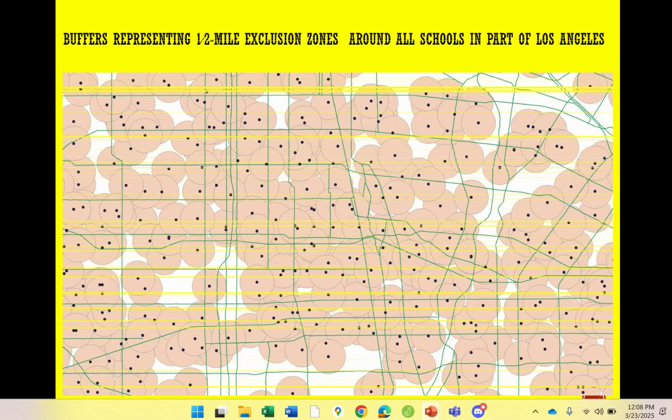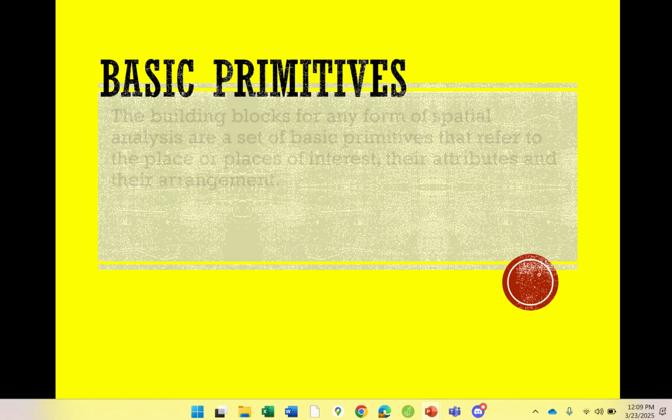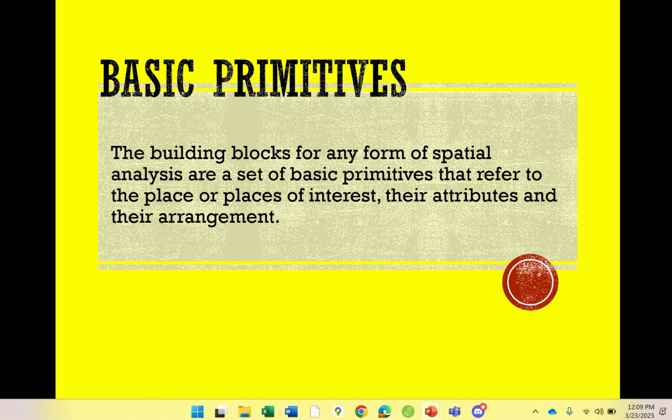So here's an example right here. Those black points are high school locations around Los Angeles. And this person has gone into geoprocessing and put a half-mile buffer, in this case an exclusion zone, around all of those schools. Let's talk a little bit about the basics of geographic data now, and these are referred to as basic primitives.